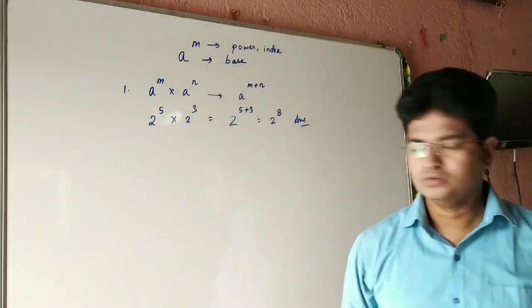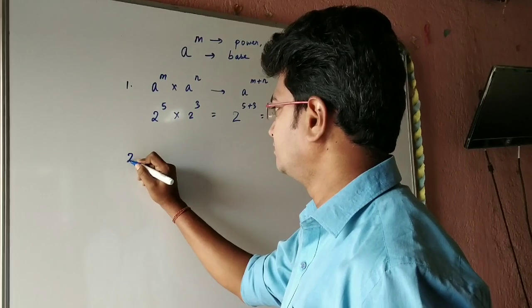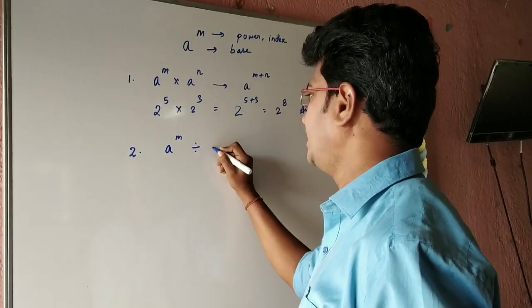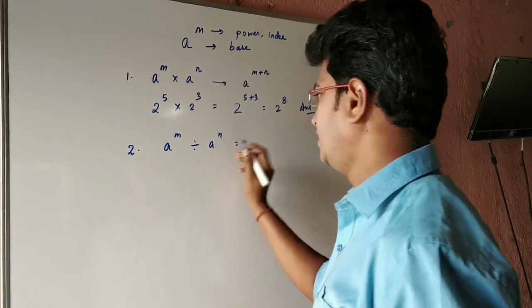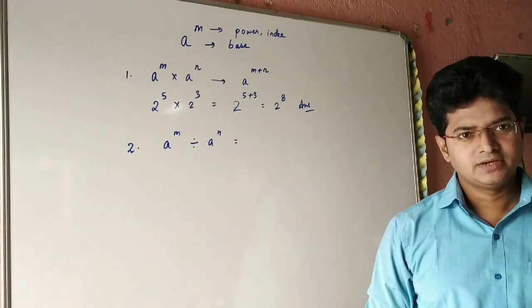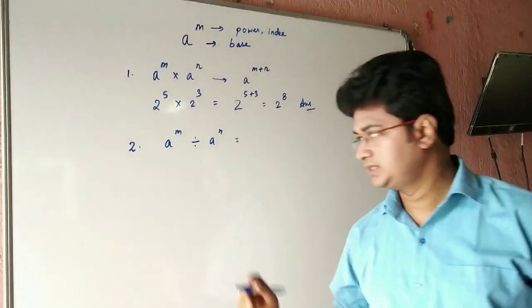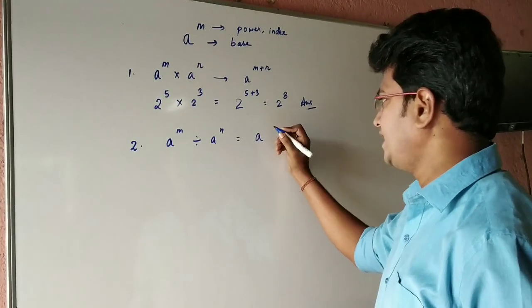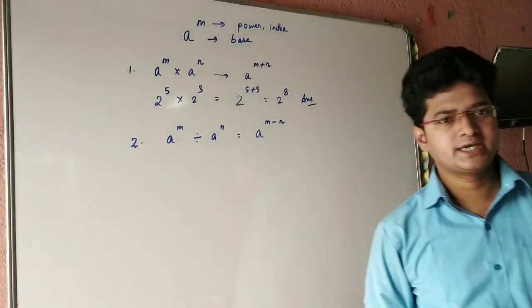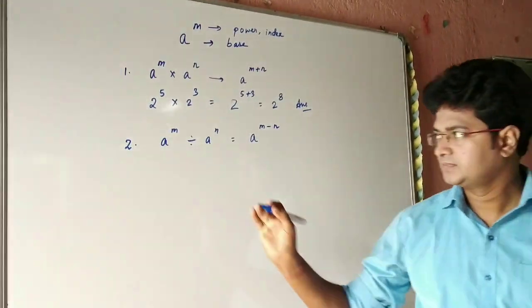Rule number 2: a to the power m divided by a to the power n. If the base is the same and it is given in the form of division, we simply subtract the power. That is a to the power m minus n. The power gets subtracted.